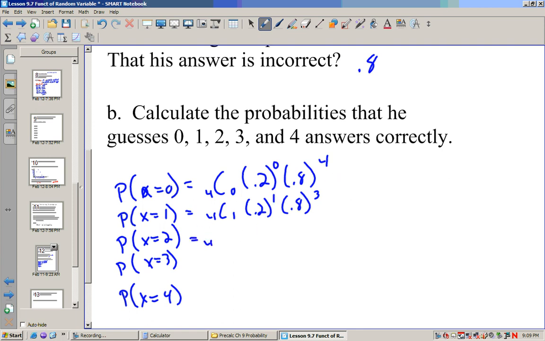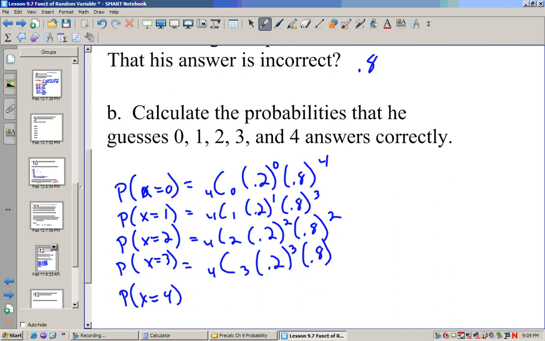Probability that he gets 2 right, we do 4 choose 2, 0.2 to the second power, because he gets 2 correct, and 0.8 to the second power, because he gets 2 incorrect. And then this one would be 4 choose 3, 0.2 to the third power, 0.8 to the first power, and then 4 choose 4, 0.2 to the fourth power, 0.8 to the 0 power.